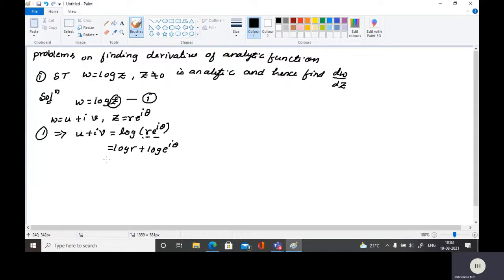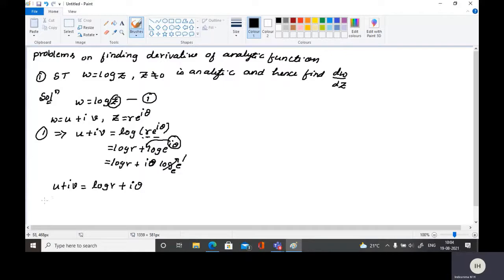Log m power n can be written as n log m, so i theta into log e. Here we have a base e, and log e to base e is 1. Therefore, u plus iv is equal to log r plus i theta.